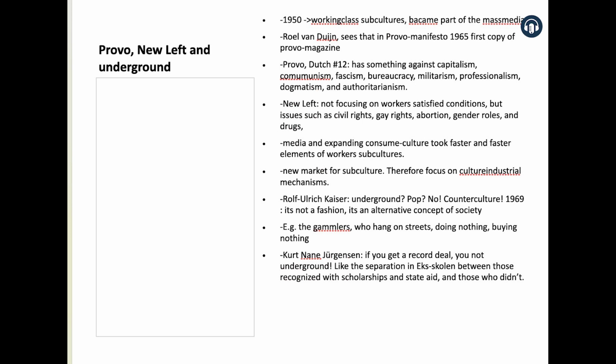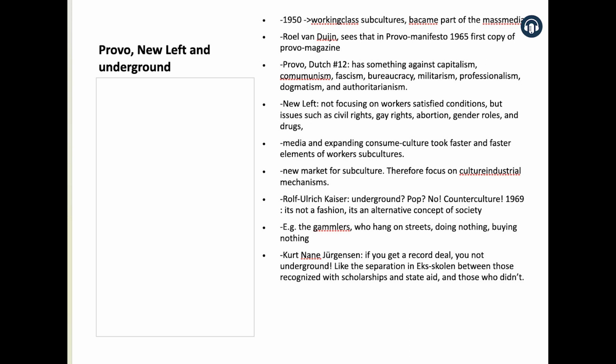And so we're going to see some more concepts from the 60s: Provo, New Left, and Underground. In the 1950s, working class subcultures became part of the mass media. We see that in the Provo Manifesto, 1965, the first copy of Provo magazine. Provo is Dutch, number 12, and has something against capitalism, communism, fascism, bureaucracy, militarism, professionalism, dogmatism, and authoritarianism.